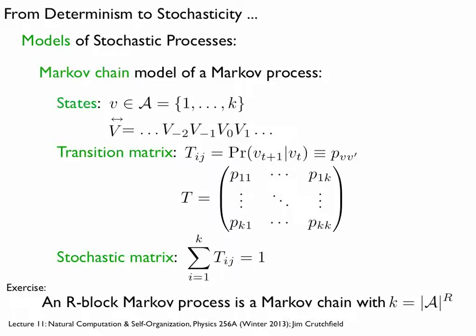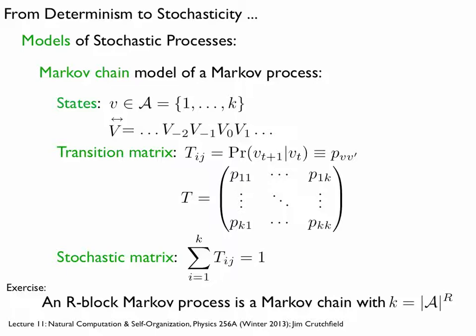Okay. So the simplest is called the Markov chain. So we have a Markov process, and we're going to represent that with a model called the Markov chain. The way we think about Markov chains is that they have some internal states. These states are simply going to be the measurement alphabet, the observed alphabet.